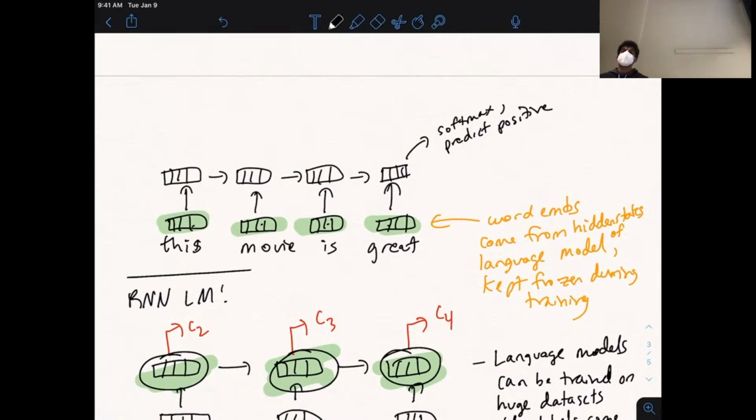And so this is an instance of transfer learning. You have a big, powerful language model that you're using to get representations of a piece of text. And then you have some smaller model on top that is used to get some information of interest out of these representations. So now the sentiment RNN doesn't have to do all the work from scratch, right?